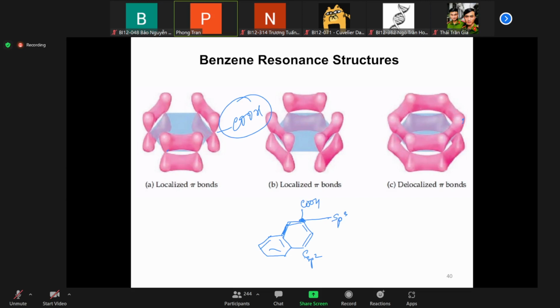And when you have sp3, this position is no longer resonant. That means the pi electron cannot delocalize in this position. So the more COOH you introduce, the higher the solubility of graphene is, however, the lower the conductivity is.